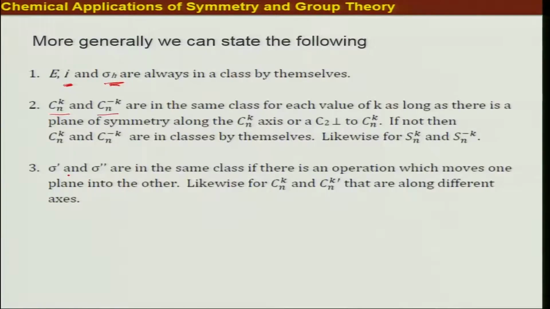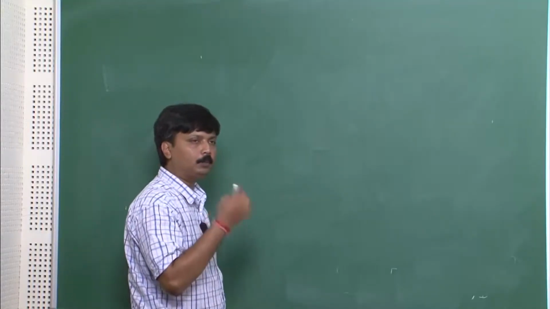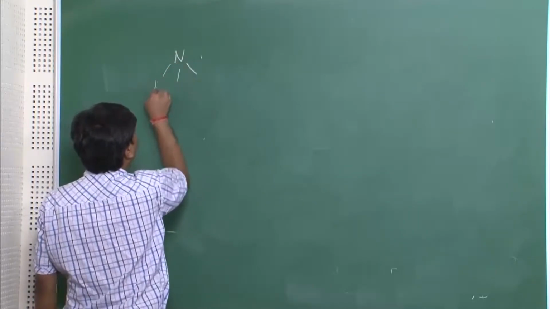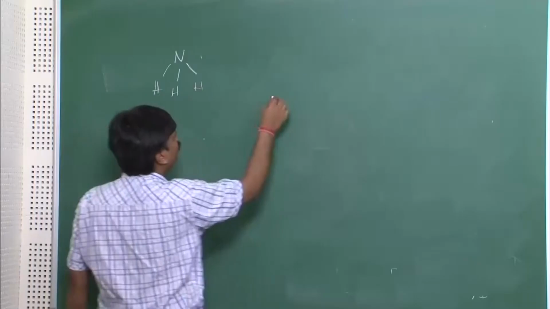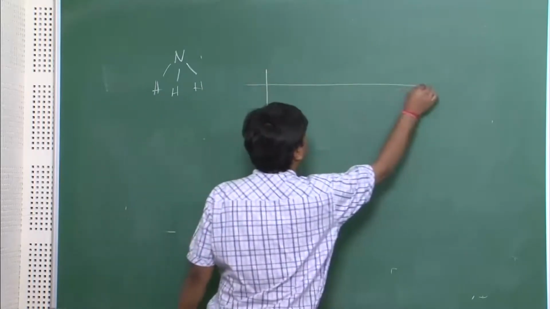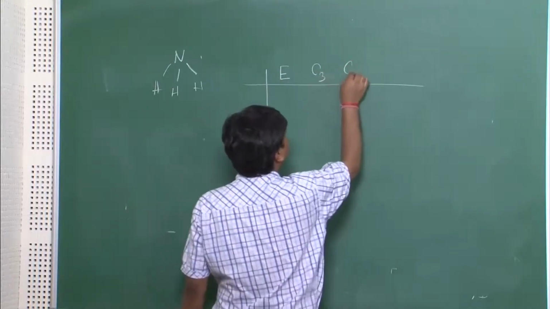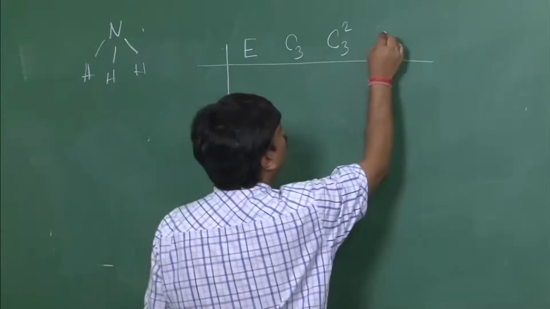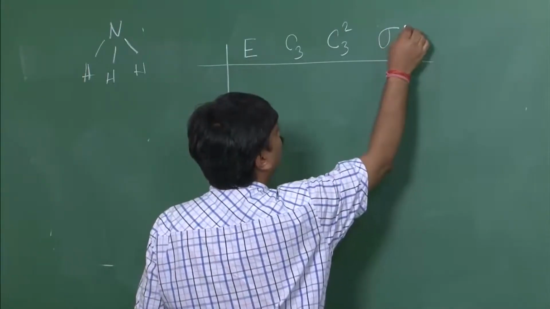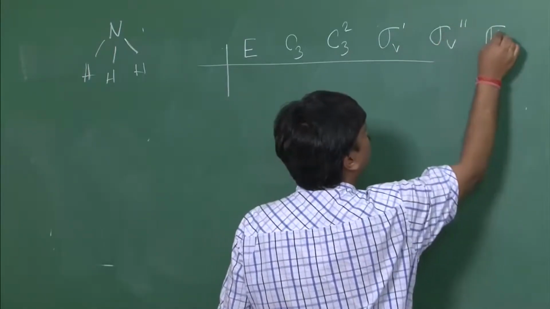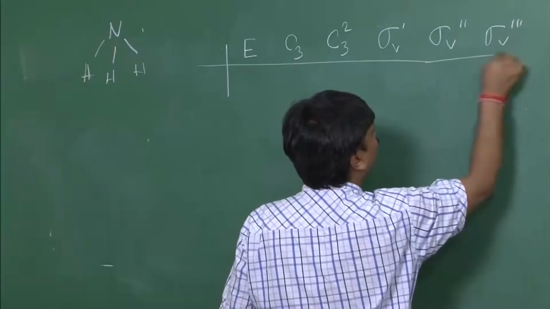Now one thing I will mention here. Suppose I am talking about the C3v point group to which ammonia belongs. So how do I write all the symmetry operations? I write E, C3, C3 square, sigma v, sigma v prime, sigma v double prime, like this.